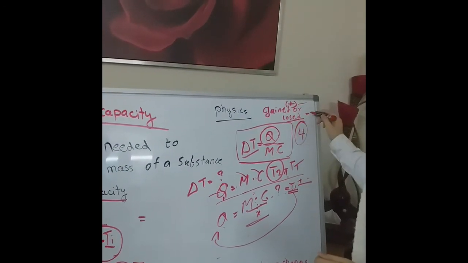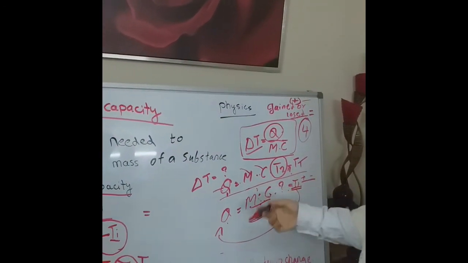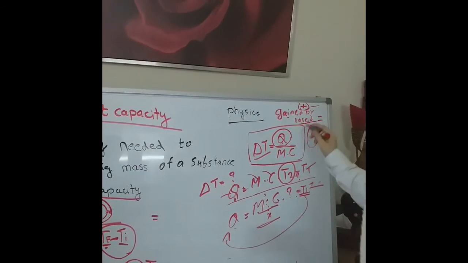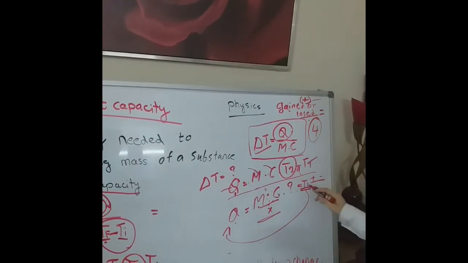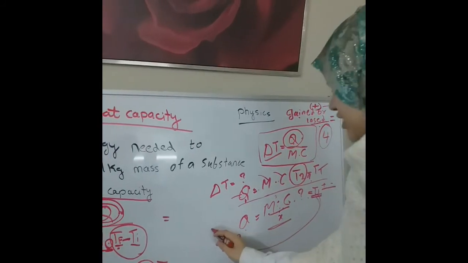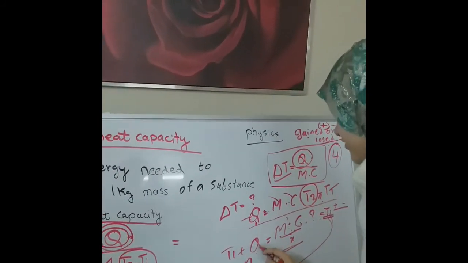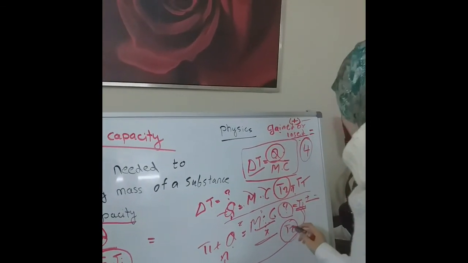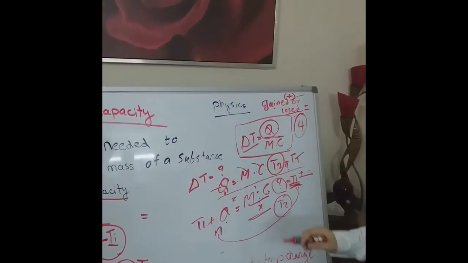But if it is lost, we will make it negative. So the heat can be gained and lost. After that, if we shift it here, it will be T1 plus Q. After that, the answer for T2, and the same way with T1.